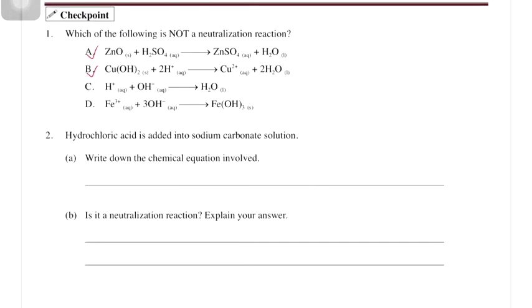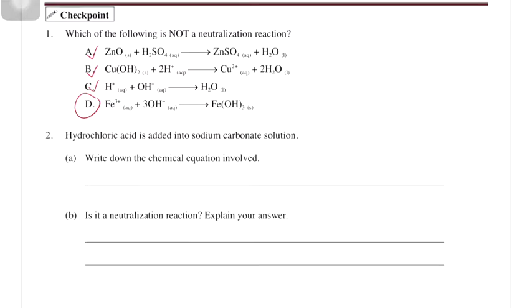So again, that's a neutralization reaction. And for part D, okay, that's the answer we are looking for. You can see after the reaction, it forms a hydroxide, forms a base. For neutralization, it should only form salt and water as the only products. So D is not a neutralization reaction.